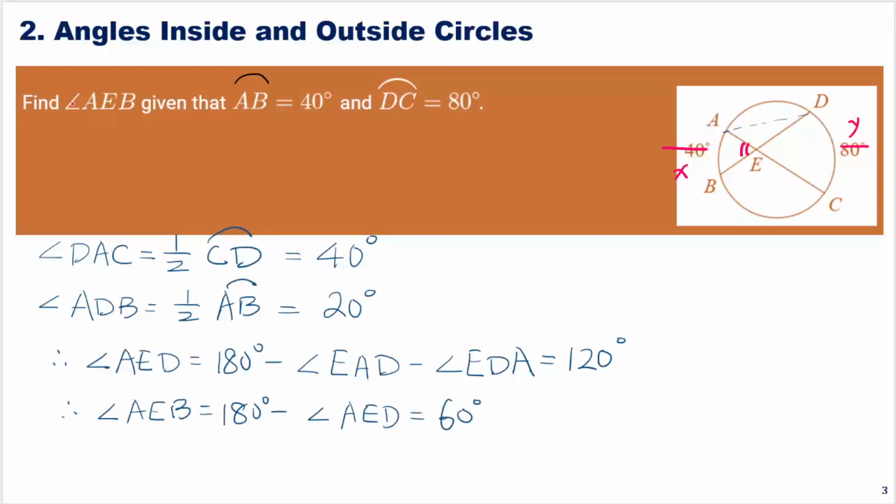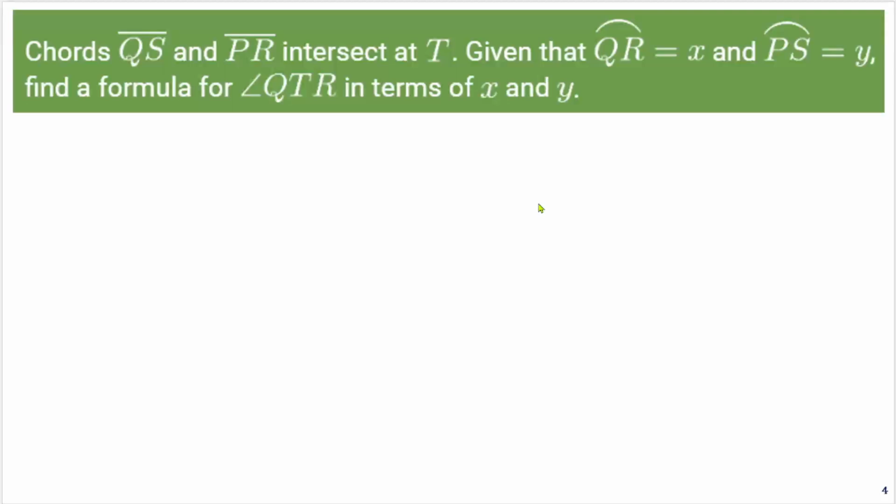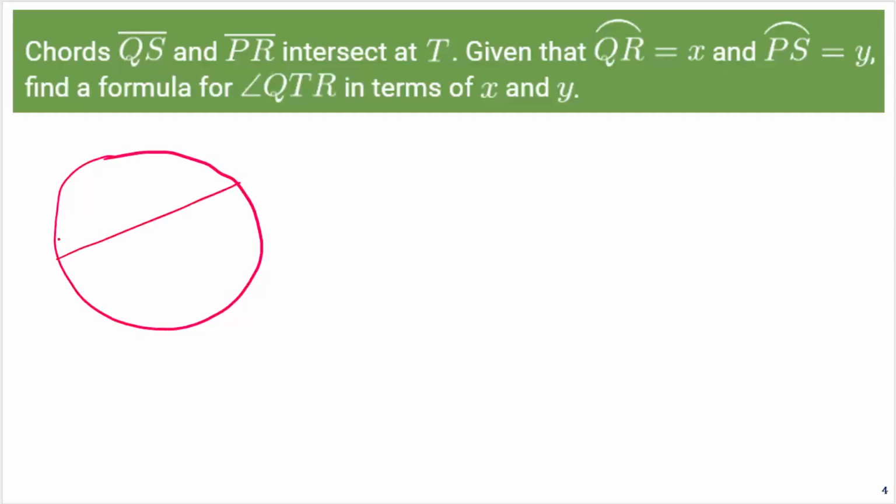That's a connection of that angle with the corresponding arc AB and CD. So basically there's another question here. If chords QS and PR intersect at T, so suppose we have a circle, chord QS and PR intersect at some point T here.